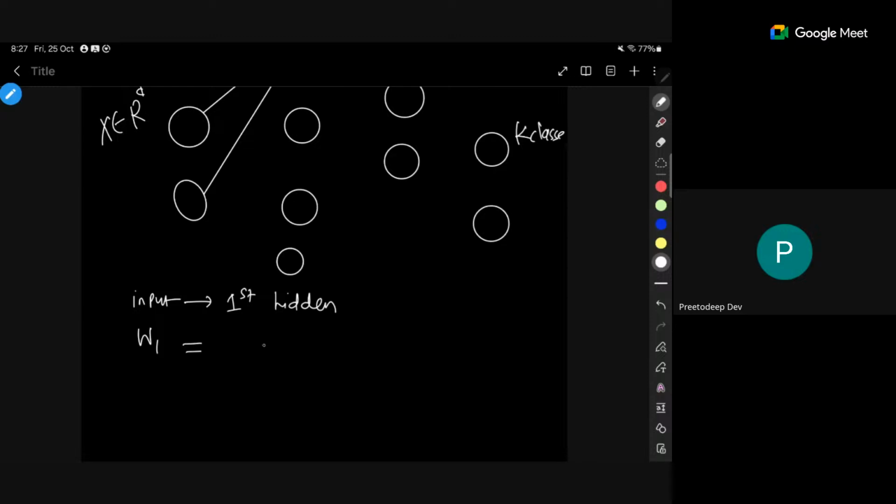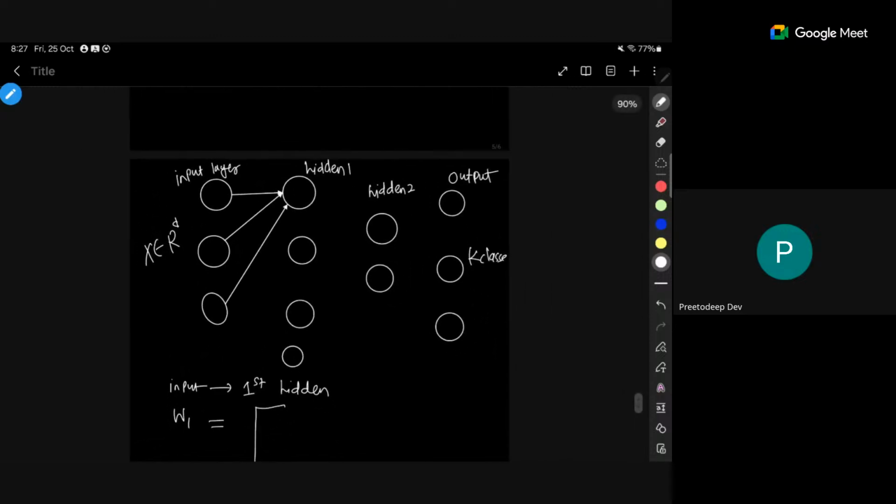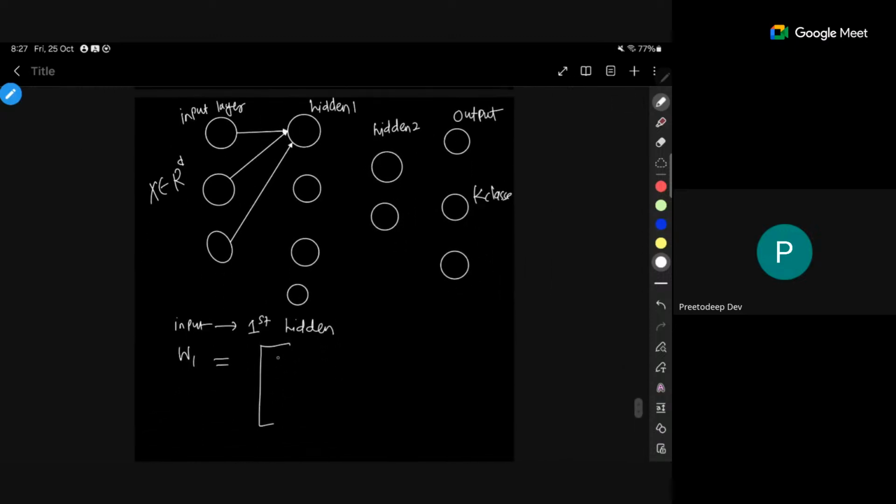If I want to write all the weights for the first neuron, I'll write W, then layer, hidden layer or layer 1, then neuron 1 and weight 1. Again W1, neuron 1, weight 2. So this is W111, this is W112, and this is going to be W113.